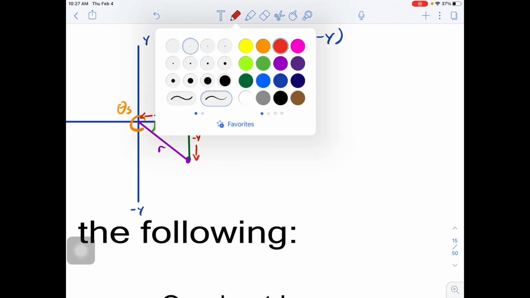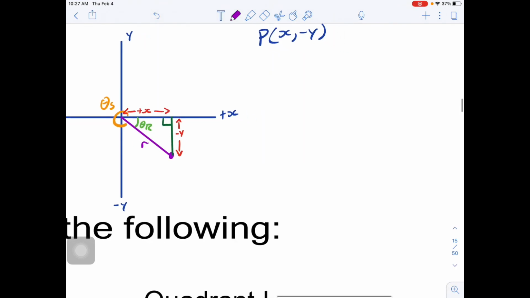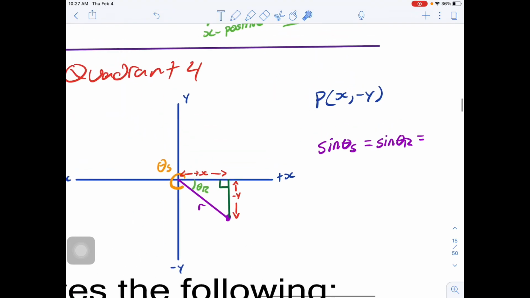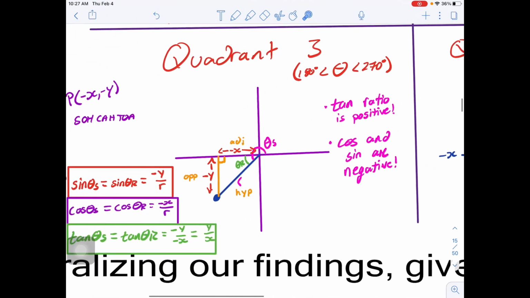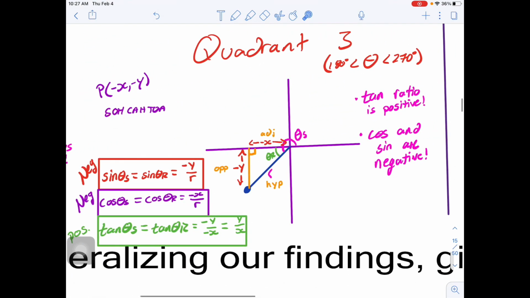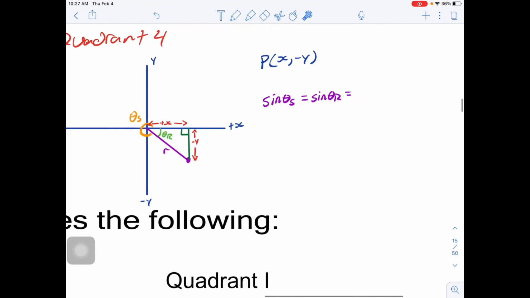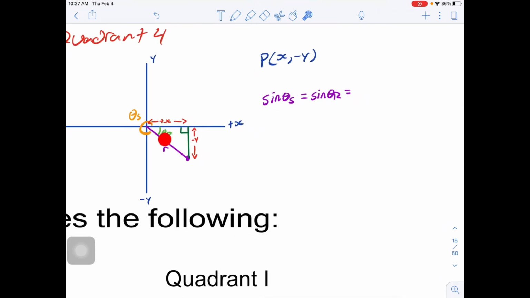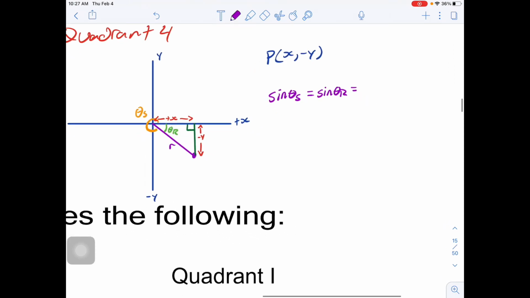And now we can start talking about our ratios. So if I wanted to know the sine ratio for the standard angle, I'm going to reference the reference angle. Remember, sine is opposite over hypotenuse. So what's the opposite leg to our reference angle? It's negative y.